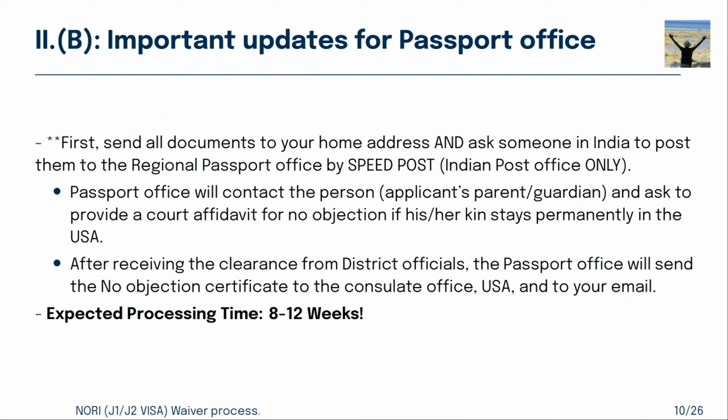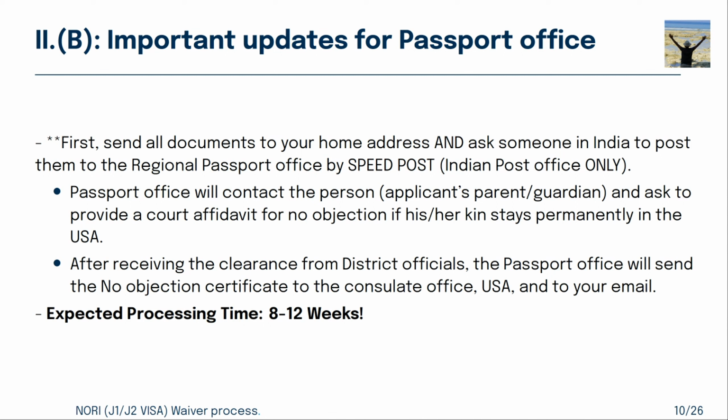So what I will suggest, first you send these documents to India, to your home, family or friend, and then ask them to remove those documents from the packet sent from the USA, put them in a different file and simply do the speed post in an Indian post office, right? So what will happen? The Indian post office will give you a tracking ID, and you can simply track whether that document has been received in the passport office or not.